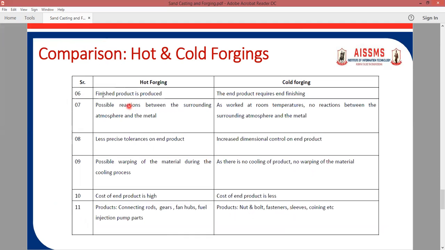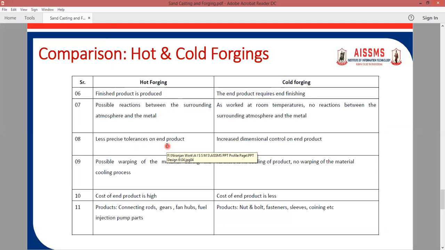Then the final finish product is produced in hot forging, while the end product requires finishing in the other case. Possible reaction between the surrounding atmosphere and the metal takes place because of the higher temperature in hot forging, and a reaction between atmosphere and metal is not observed at room temperature in cold forging.